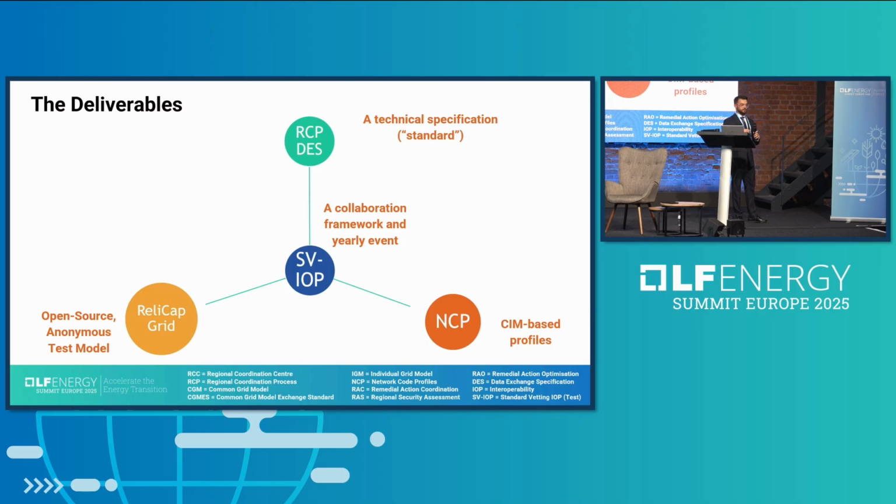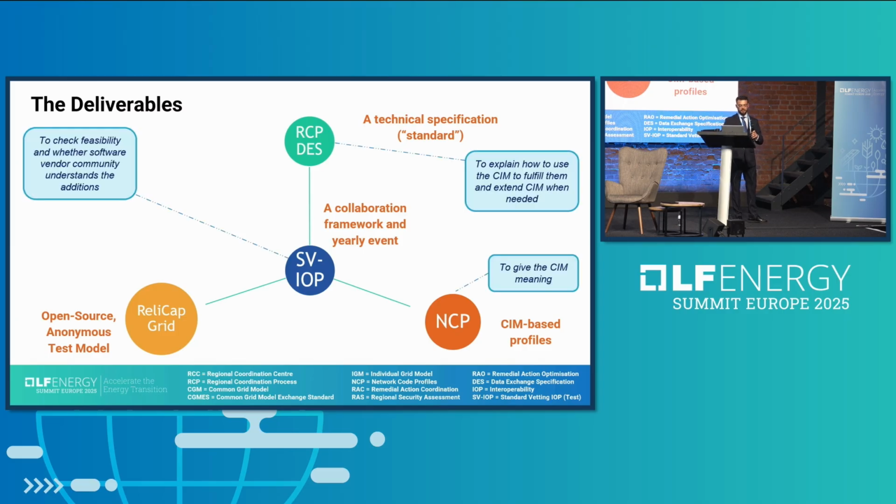And this time, for the first time, we are releasing an open source test model, an anonymous one. And this is the RelicApp grid. That is, you will have a specification, a CIM model, and an example of what we refer to, in an open source manner.